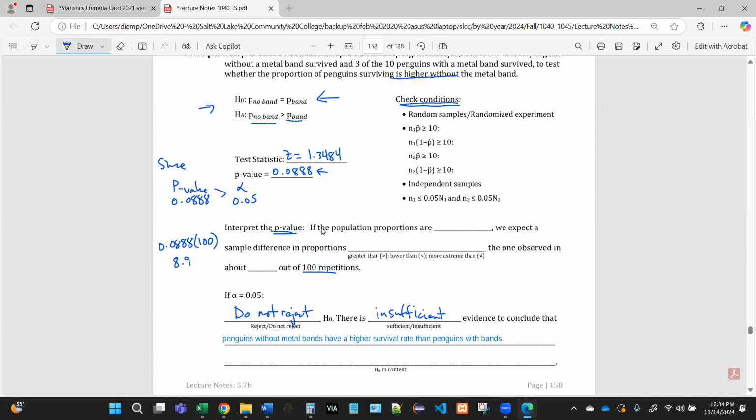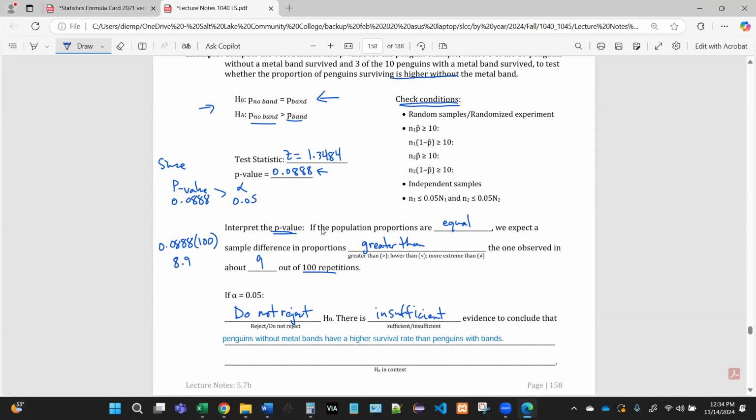If the population proportions are equal, if there's no difference between bands and no metal bands, then we would expect a sample difference in proportions greater than or equal to the one observed in about 9 out of 100 repetitions.